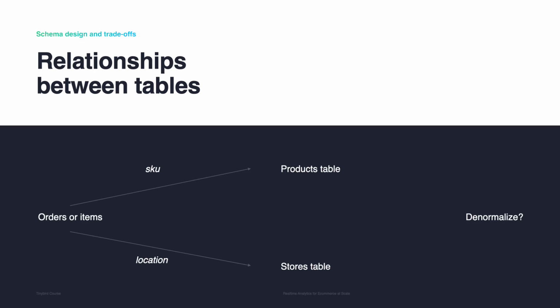What are the relationships between tables? Orders or items are usually related to a products table and a stores table through SKU and location respectively. These tables contain extra information about products, classification, hierarchy, and stores, location, the country where the sale was made, the exchange rate for the country, and so on.